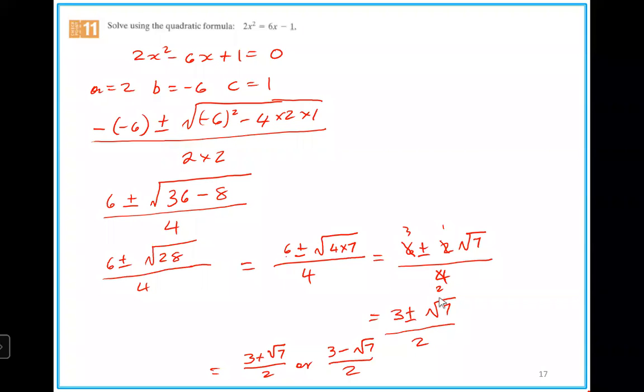So 1 point would be for this portion here, and then another point for stating that it could be this or that. But the bulk of the points would be gotten for bringing it up to this point.